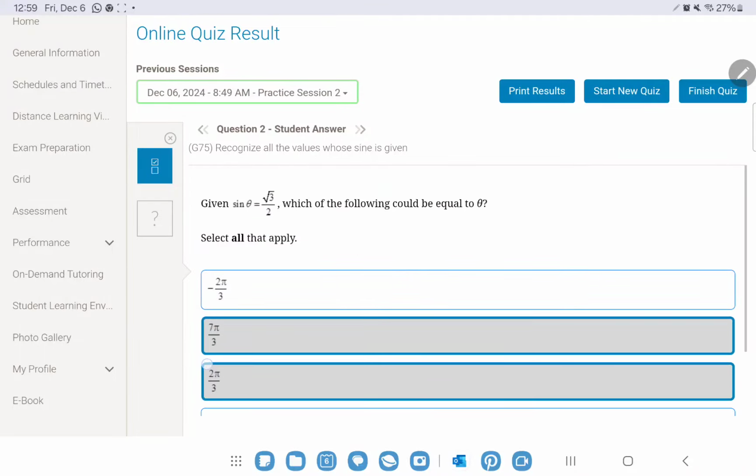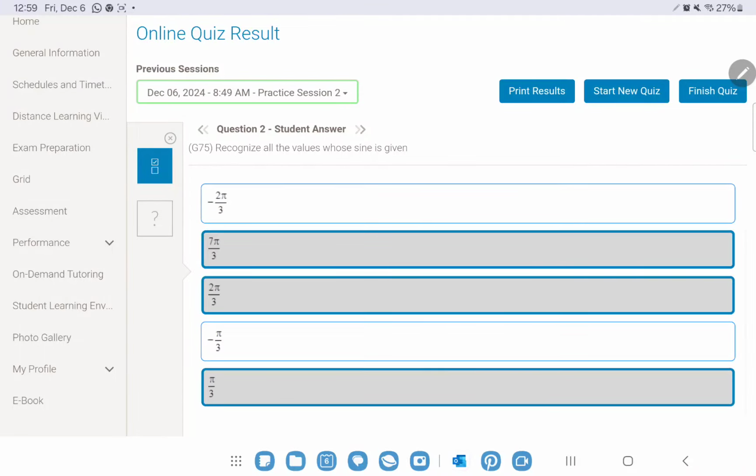Here we have options. For each option, I'm just going to write over here what they want it to be: radical 3 over 2. For each option, I'm going to convert it to degrees. We must always memorize that sine 60 is equal to this. You have to memorize it.